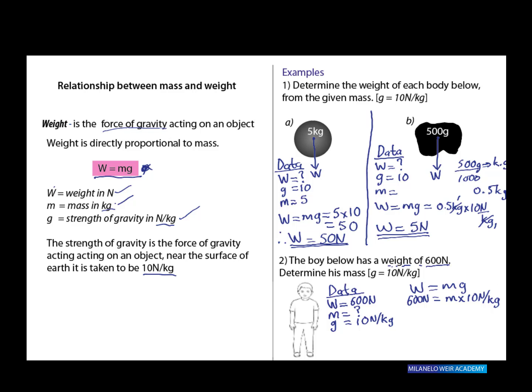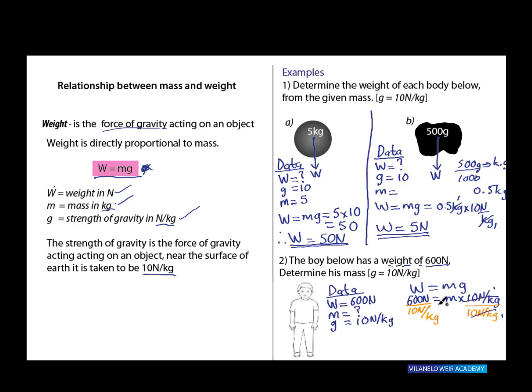So let me change the color. Well, we'll divide both sides by 10 newton per kg. So having done this, what do we do now? We can just go straight away and cancel this, because this into this one and this into this is 1.